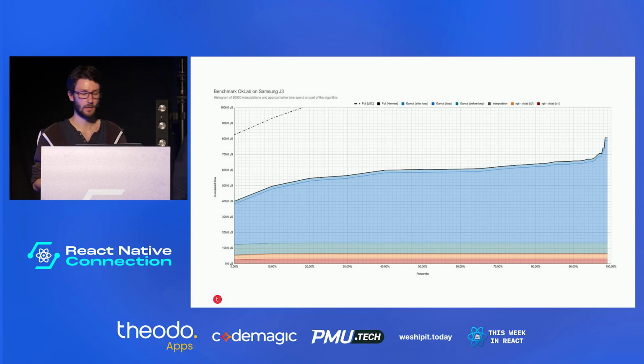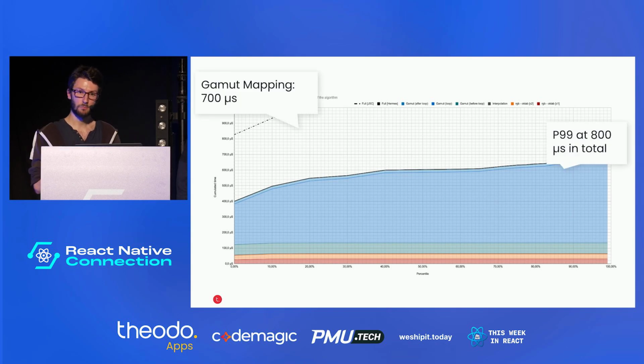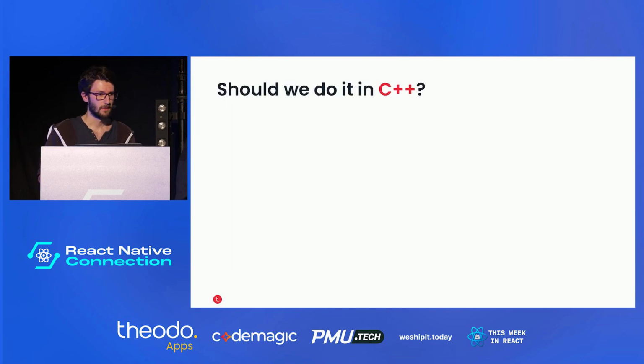We ran a benchmark on code in JavaScript for colors that were in P3 but not in sRGB, so that needed the gamut mapping algorithm. And we found out that to compute the best available color, it took about 800 microseconds for 99% of the colors. So we found that this was pretty good for such a laggy device.